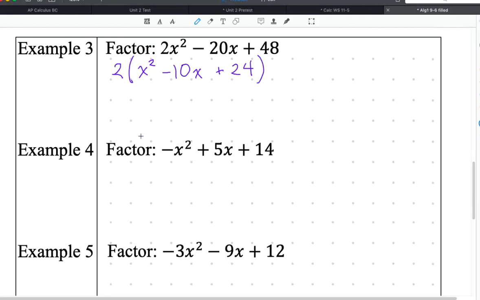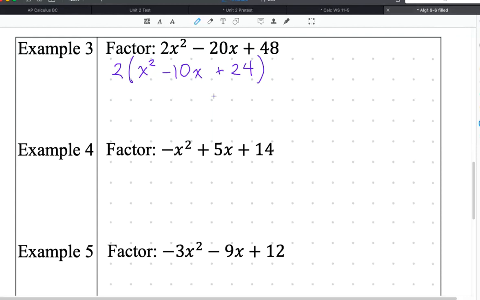You took the 2 out of the x squared, and you basically undistributed it. Exactly, and that's what we're doing for all these. Another word for undistribute is divide. We divided 2 by 2 and got 1 and didn't write the 1. So now we're taking negative 20 divided by 2 and we get negative 10. We took positive 48 divided by 2, which is positive 24.